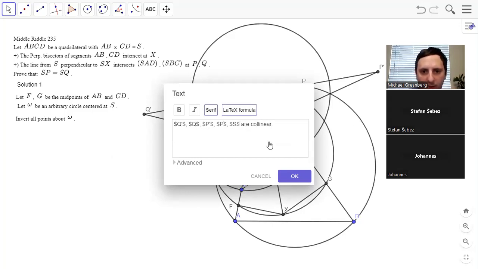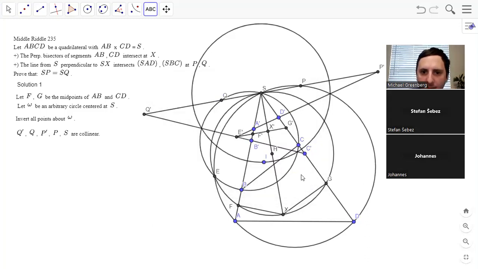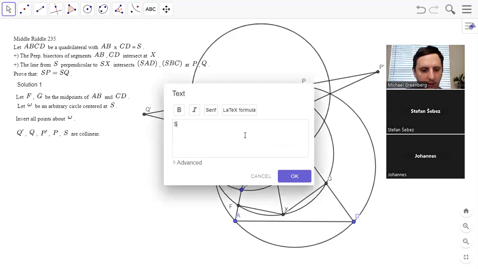And then we also have E prime, A prime, B prime, and P are collinear since EADP is cyclic. So EADP is cyclic implies E prime, A prime, B prime, P prime are collinear.